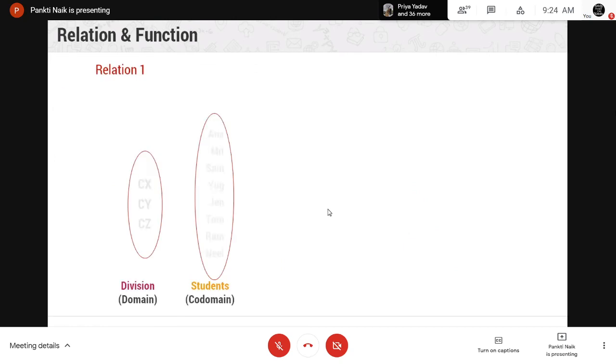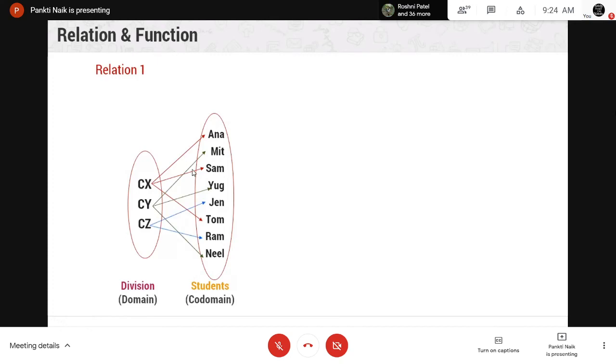Now consider the relationship between relation and function. So consider the division. That is the domain, which will become the input for our function: cx, cy and cz.